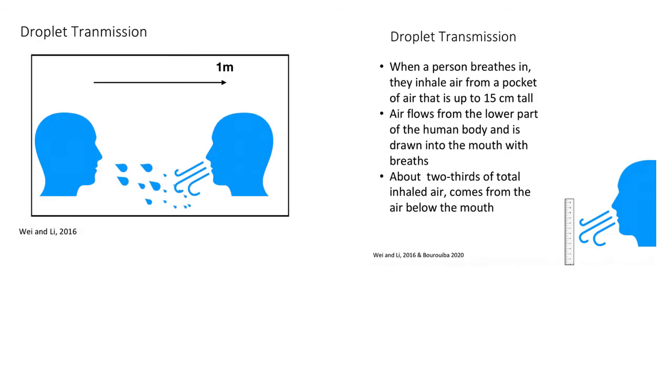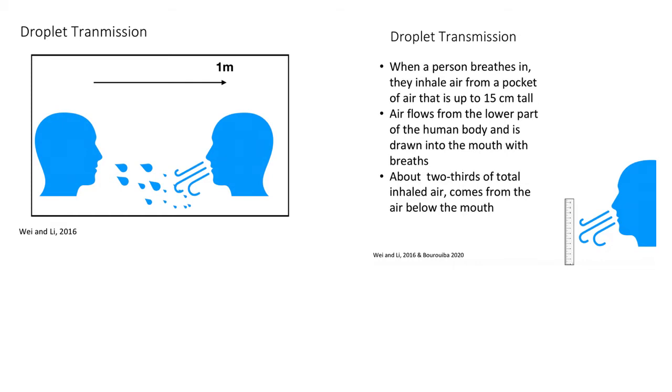So when a person breathes in, you're going to inhale from a pocket of air that's about 15 centimeters tall. So if you took a ruler and you broke it in half, then that's about the length of air that we breathe in. And the position of that air is about 2/3 of the way down from your mouth. 2/3 of the ruler would be below your mouth, and 1/3 of the ruler would be above your mouth.